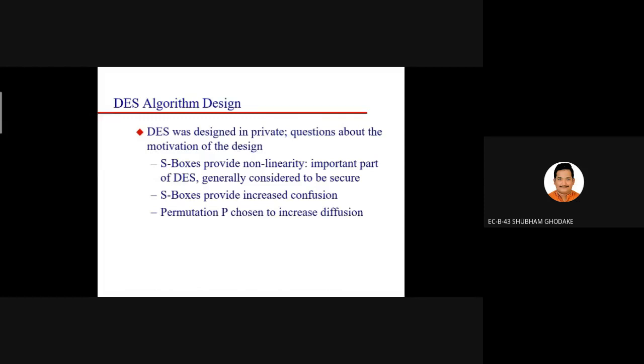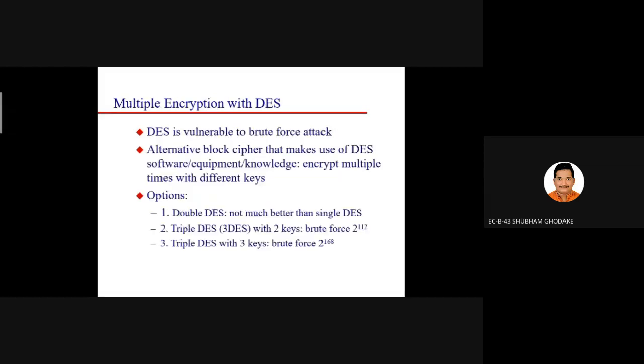To design the DES algorithm, we require the concept of S boxes and the concept of initial permutation. Based on the various design parameters, we can design the ESDS or DES algorithm.